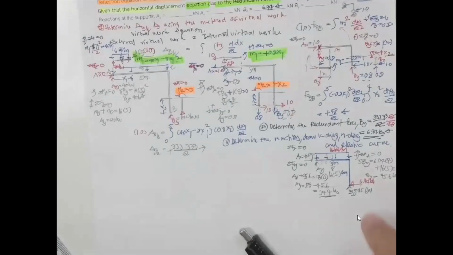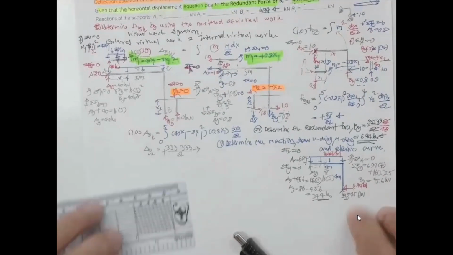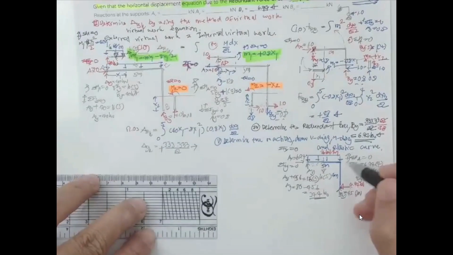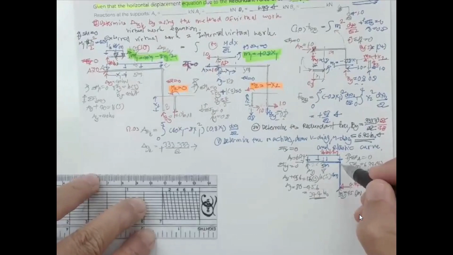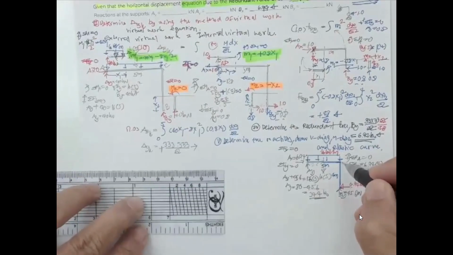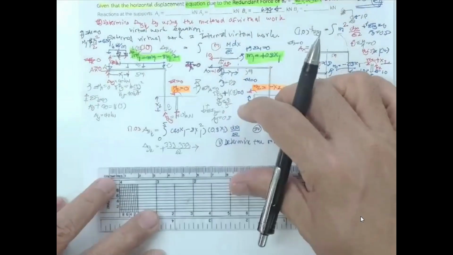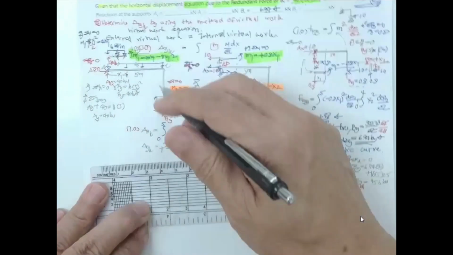Now, we got to separate the beam and the column, and the joint over here has no forces applied on this point. So based on what we learned, this one gonna be 5, 1, 2, 3, 4, and 5.